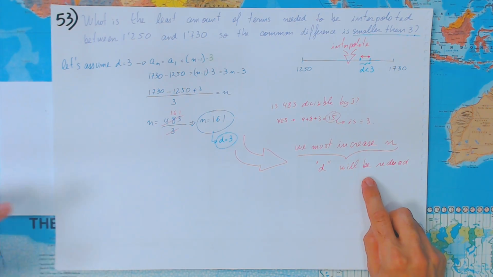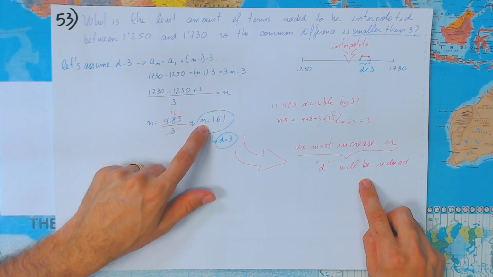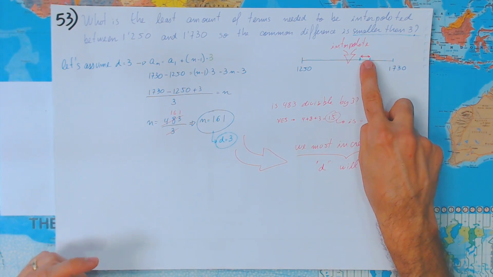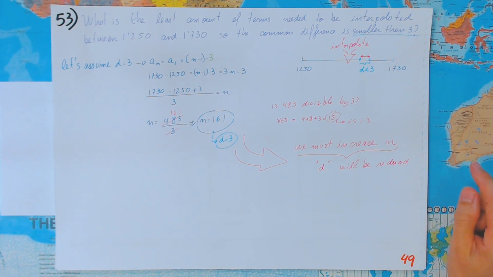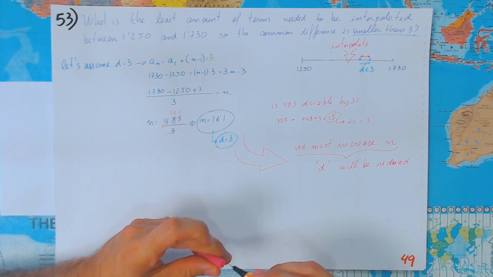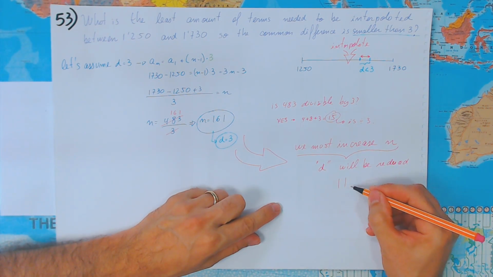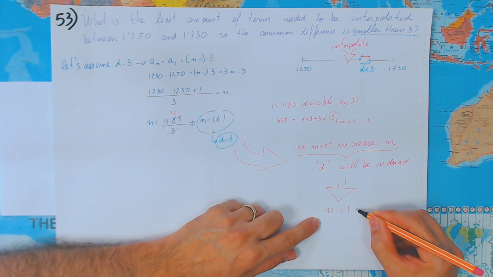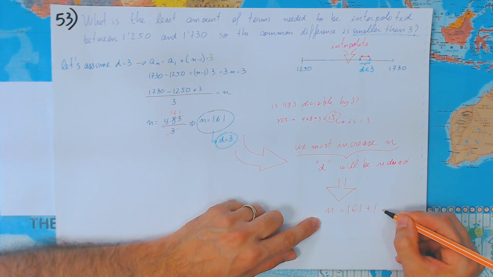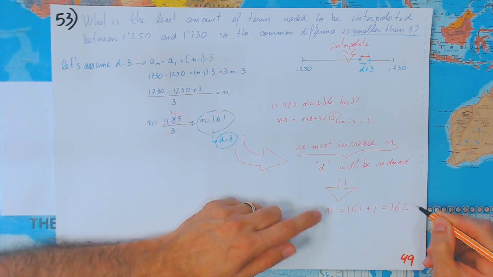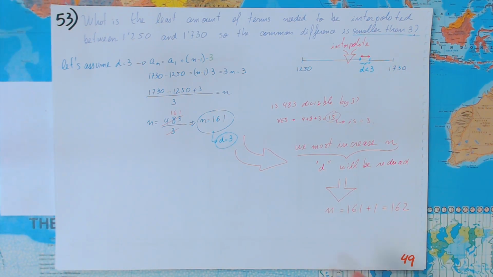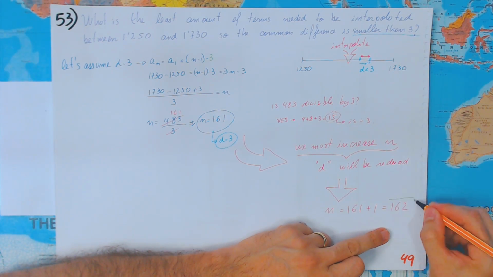And so what is the next amount of n so we can make this length shorter? Well, the answer is going to be this. Let's make n equals 161 plus 1, 162. And then if you are in a hurry, you say, okay, that's the answer, 162.